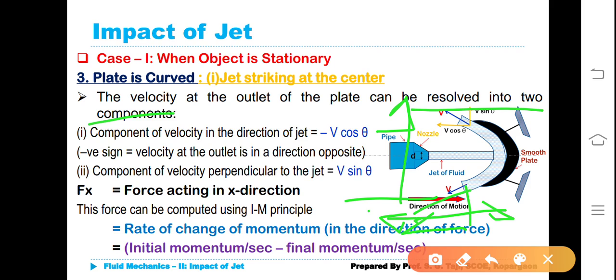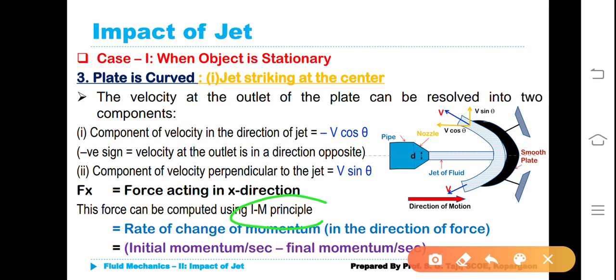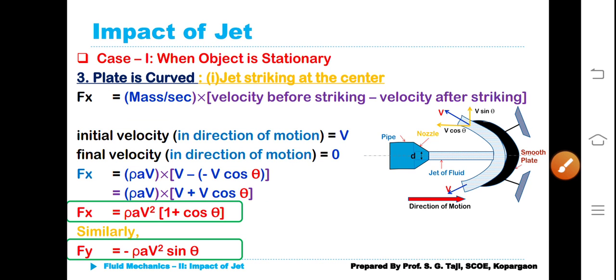Therefore, Fx is the force acting in x direction. This force can be computed using the impulse momentum principle. Rate of change of momentum in the direction of force is equal to initial momentum per second minus final momentum per second.